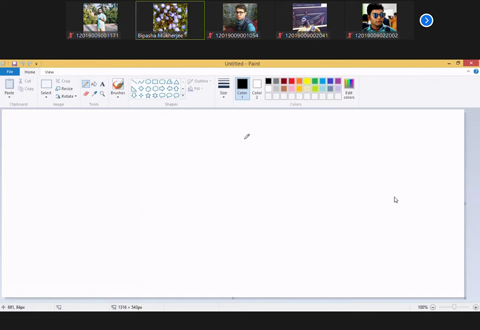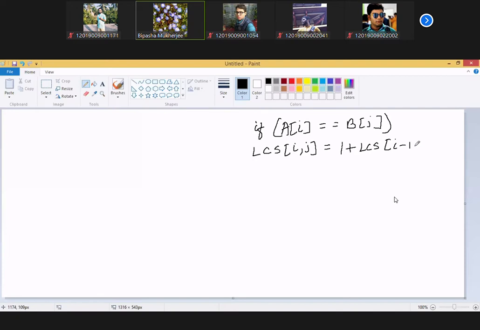So what is the method? The method says that if A of i, B of j is equal, that is, the content of both strings is equal, then you will do 1 plus LCS of i minus 1, j minus 1.